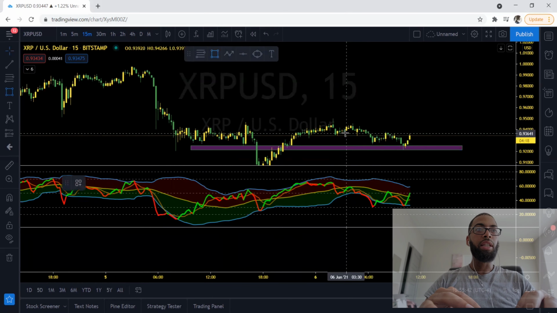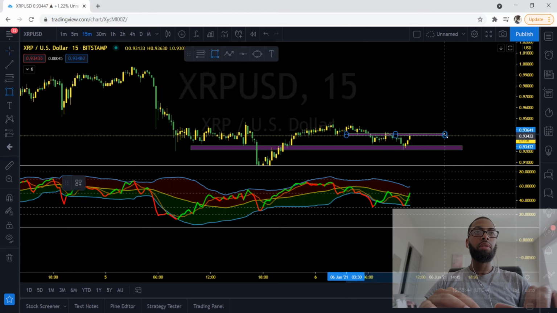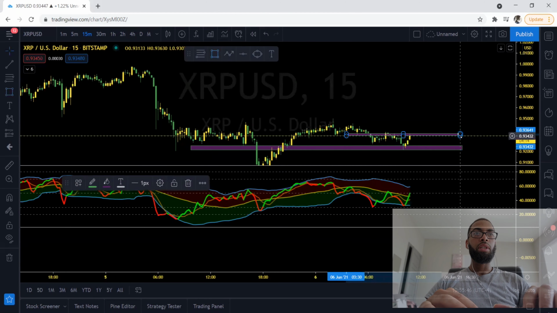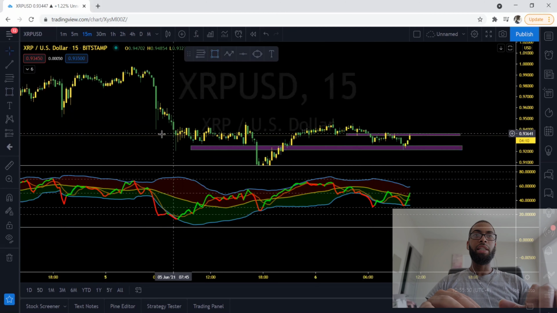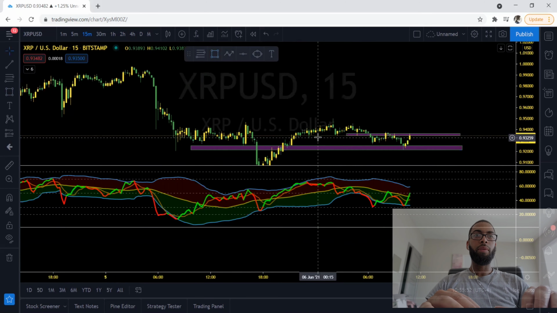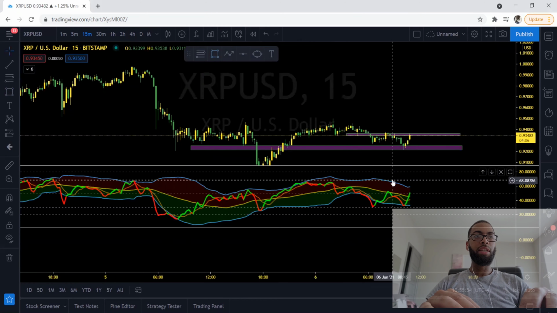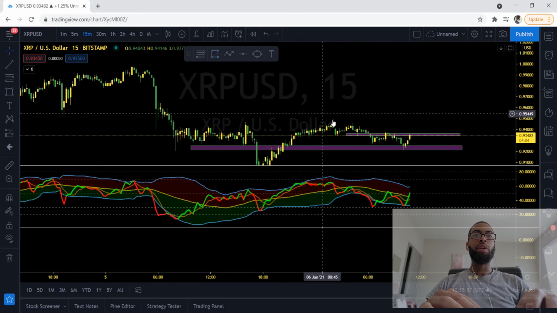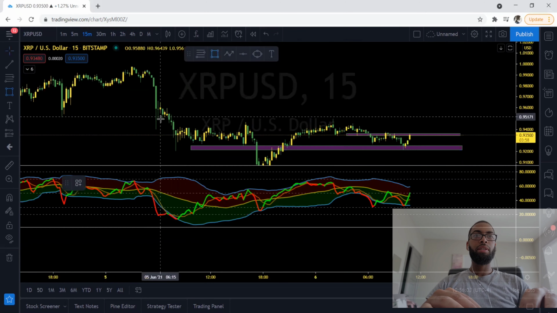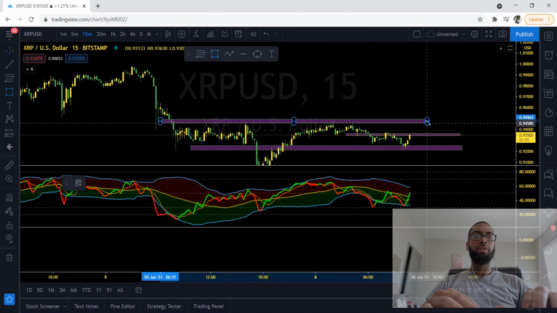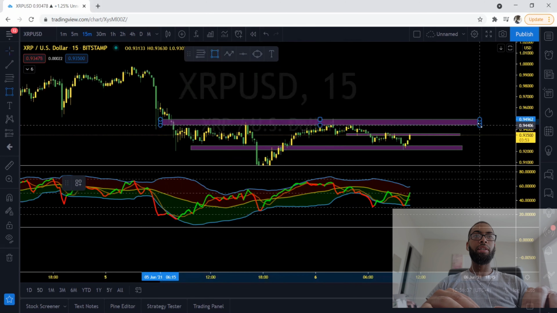You'll see that this level, this consolidation right here, all of this whole area is consolidation. So this is a zone overall, right? As you see, there's nothing up top so far, but we know this is the top of this consolidation. So we can mark the top from wick to body, right? From wick to body.